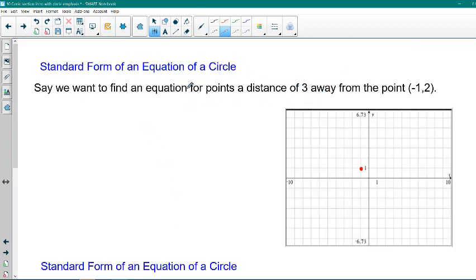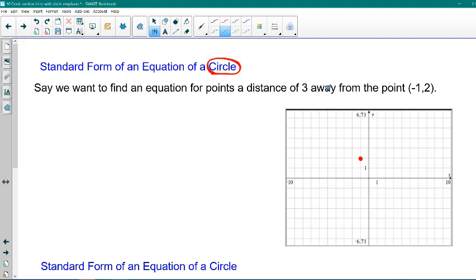Let's say that we want to find an equation for points a distance of 3 away from the point -1, 2. So we'll plot this point at -1, 2. Okay, so an equation, I tell you here that it's a circle, but we don't see it in these instructions.